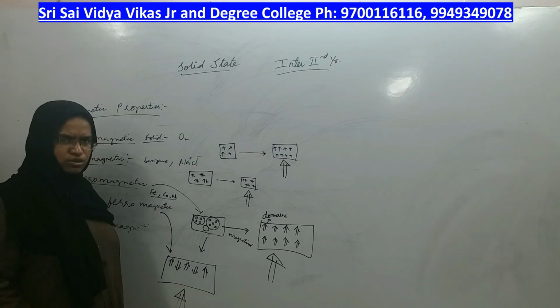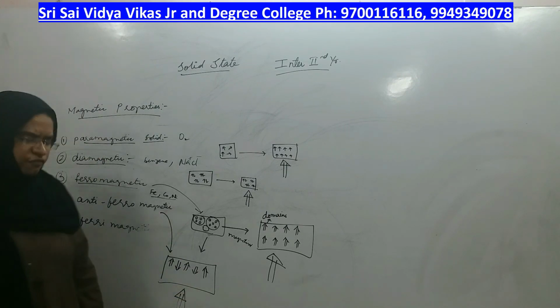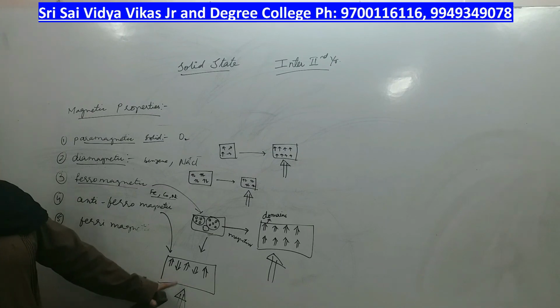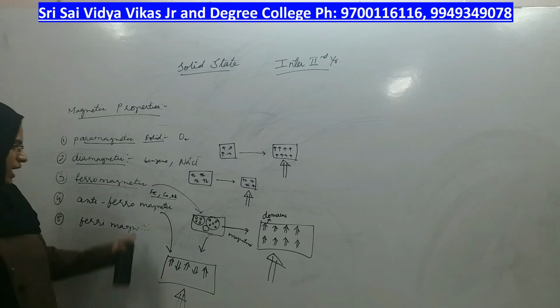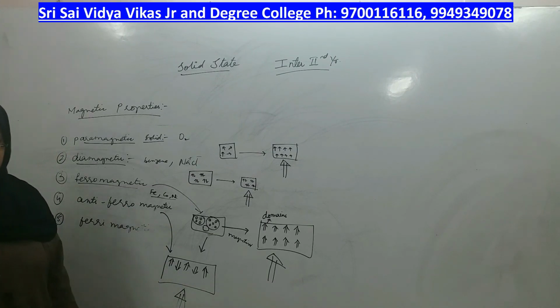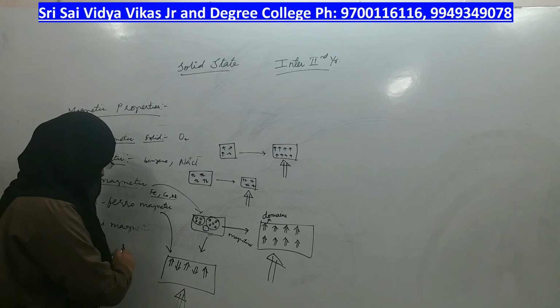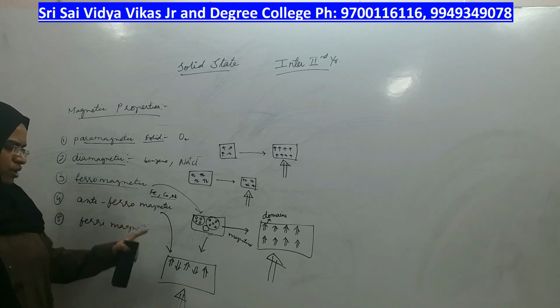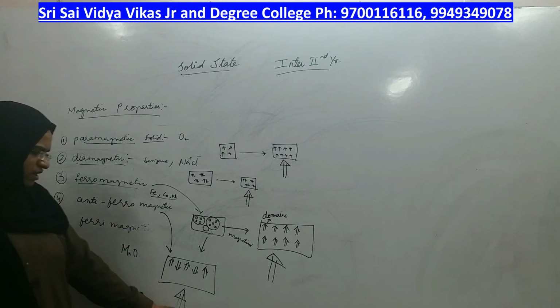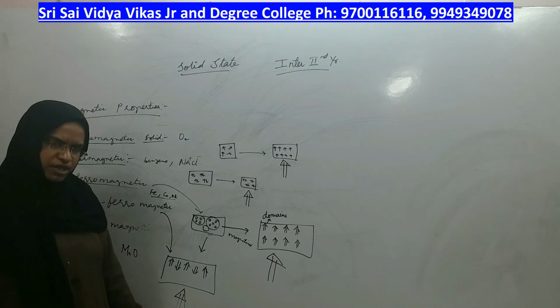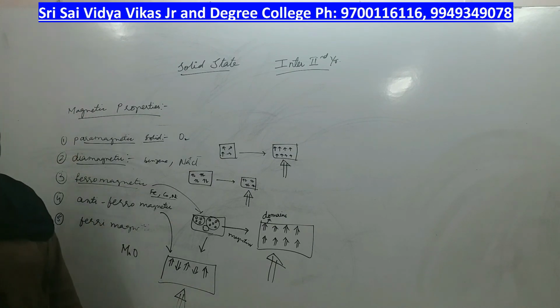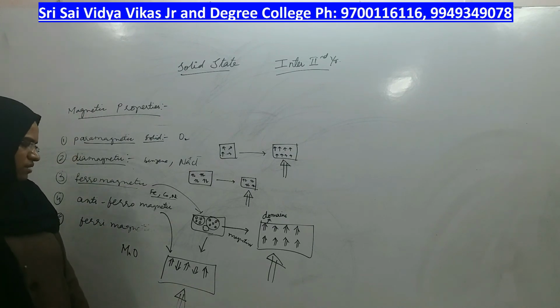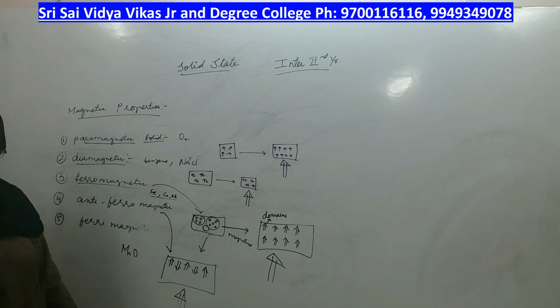In doing so, the net magnetic moment felt by the substance becomes 0, and they don't have any magnetic nature. That compound's example is manganese oxide, right? The domains are oppositely arranged whenever an external magnetic field is supplied, giving a net magnetic moment 0, and there is no magnetic behavior for those compounds, right?